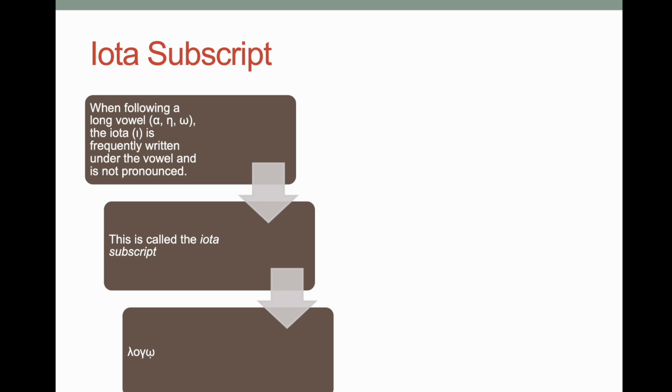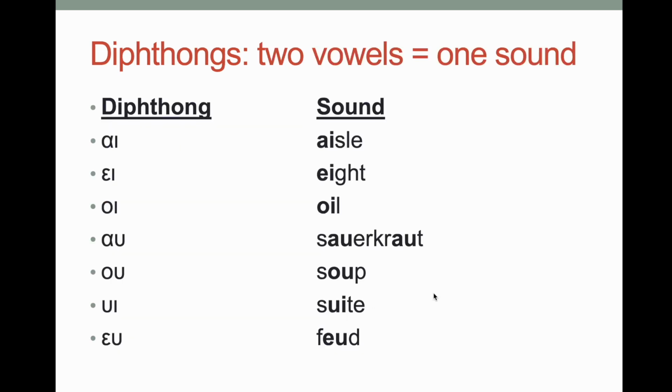So be aware of that as we learn more about Greek nouns and the definite article in further classes. This is primarily happening within the dative case, and you'll know what that means. So this is the word logos in the dative, and notice that it has a long omega on the end and the iota subscripts. That iota is silent. So that's the iota subscript.